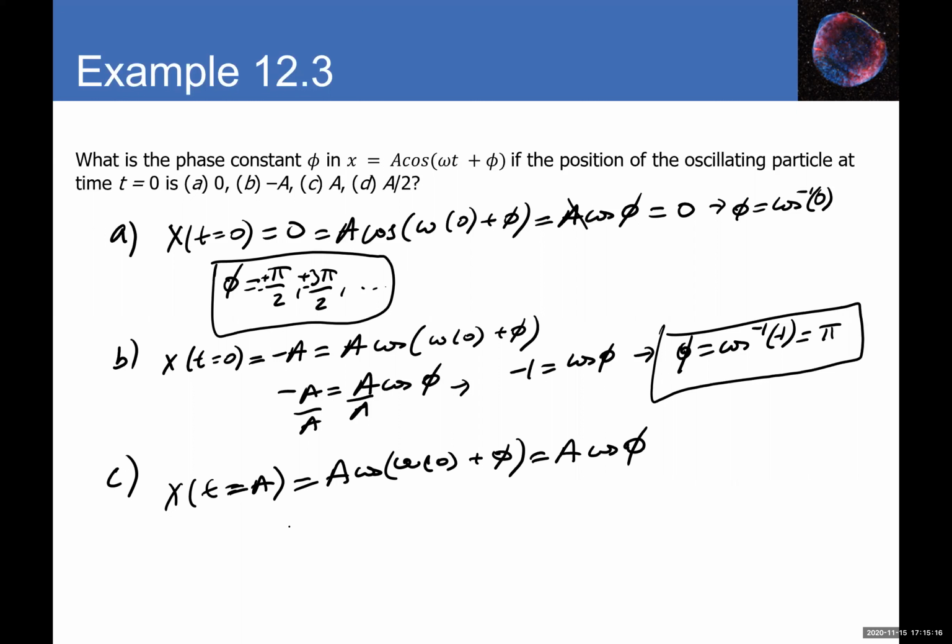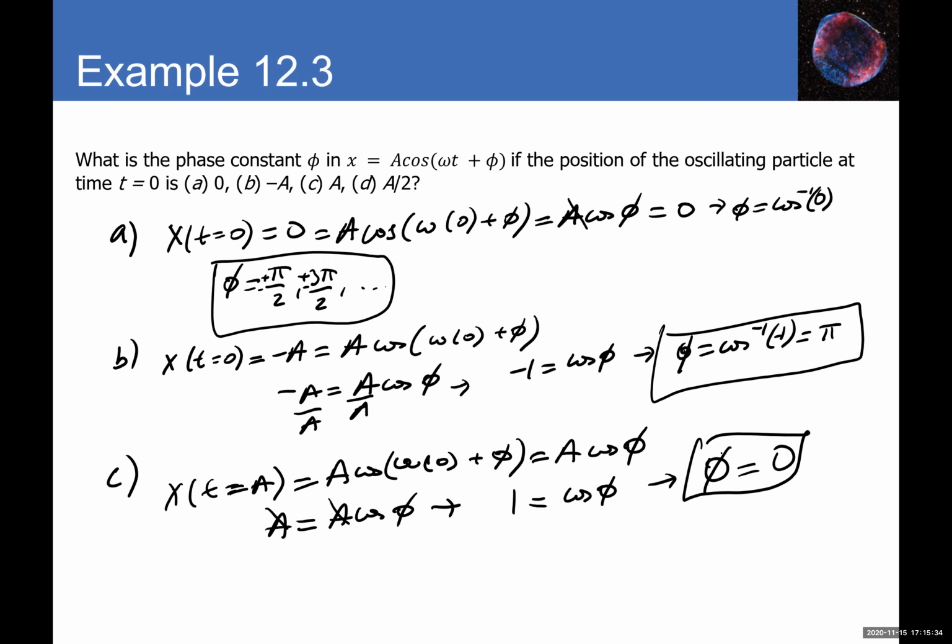So A equals A cosine of phi, where you can cancel the A's, which is 1 equals cosine of phi, which we've seen already, means phi equals 0. So phi equals 0 every time your starting position is x equals plus A. And finally, part D, when x at t equals 0 is equal to A over 2.